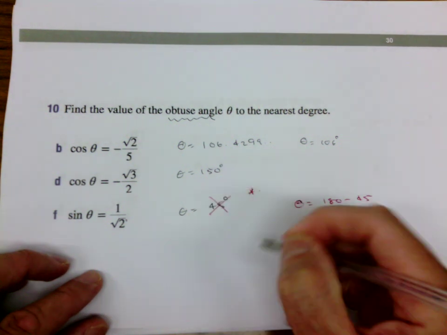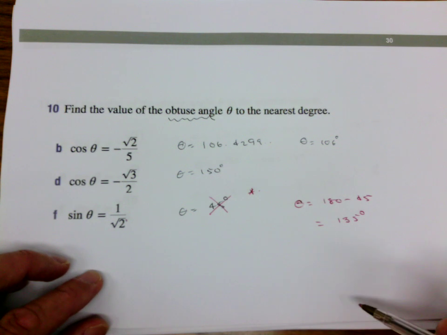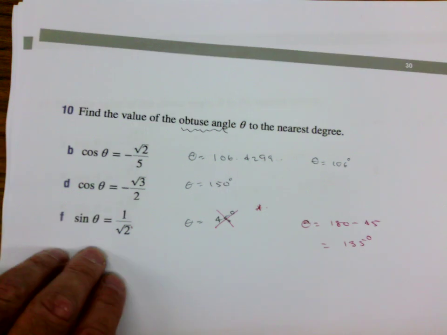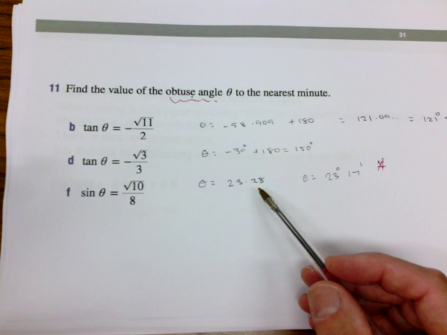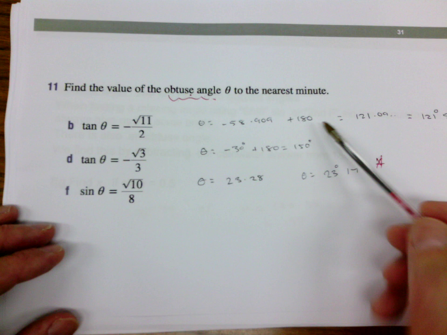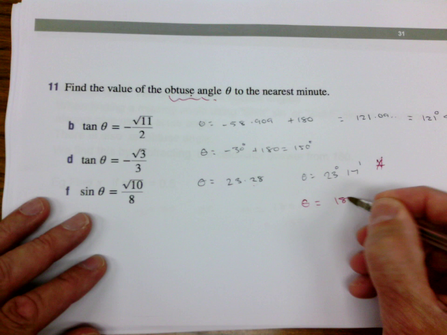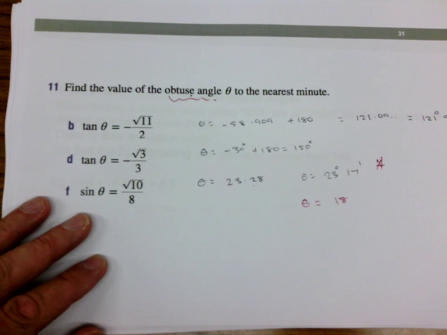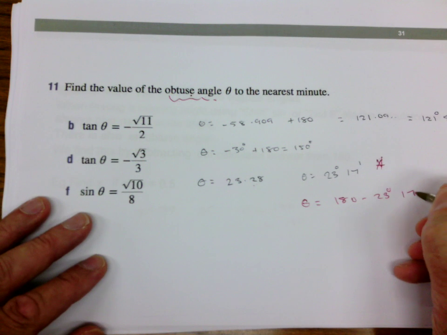You might get that when you do it as a little bit of side working, but the angle is 135. And when we did this one on the next page, we noticed it's an obtuse angle. So if I get an angle that's less, that's all I've got to notice. My theta is actually 180 minus 23 degrees 17.